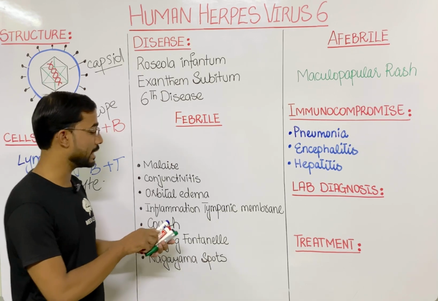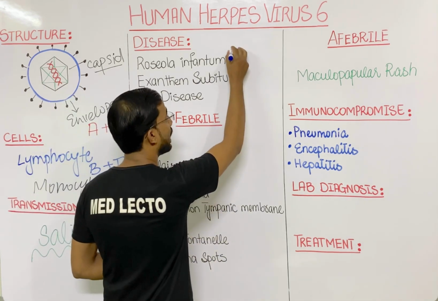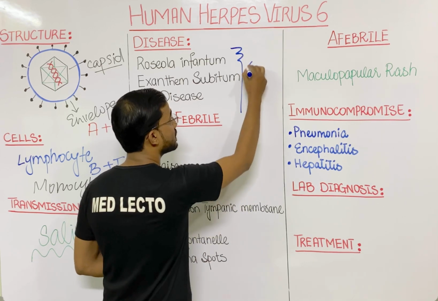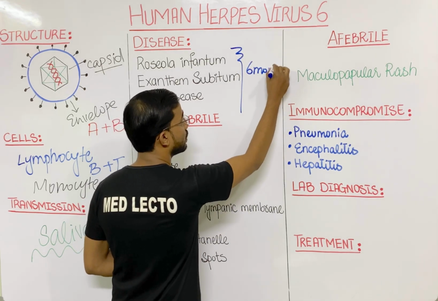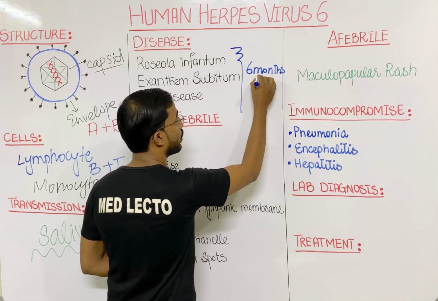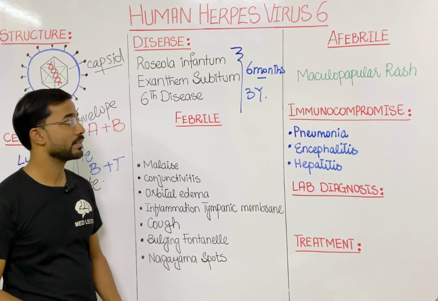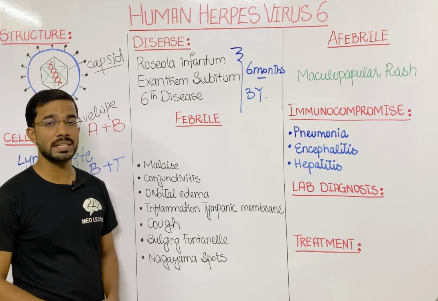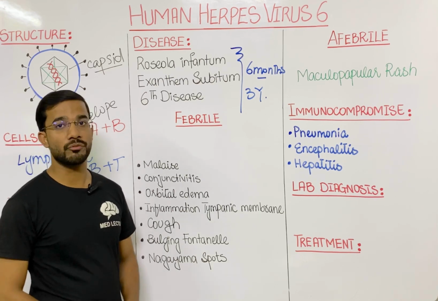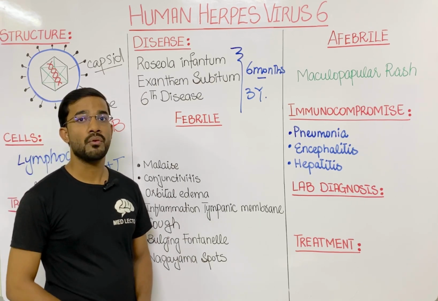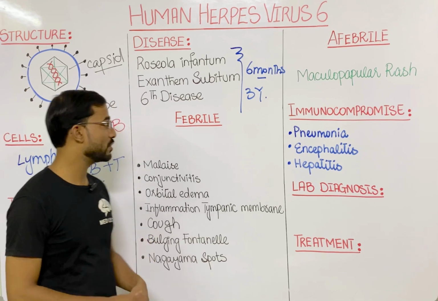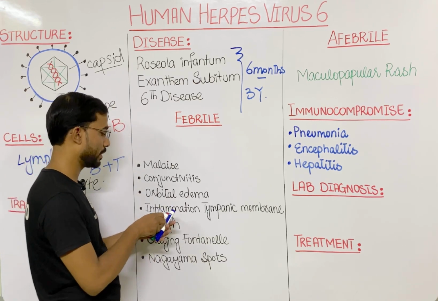It is mostly seen in early life, from 6 months to 3 years of age. In that case, you will see the first stage of roseola is the febrile phase, in which you will see the high grade fever.